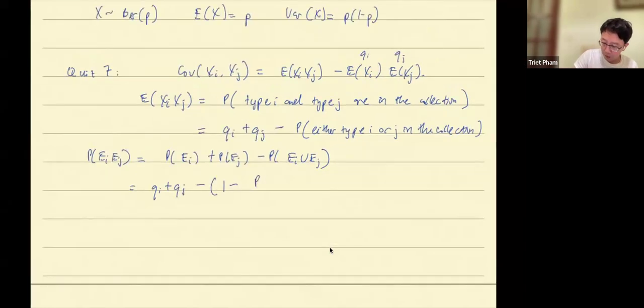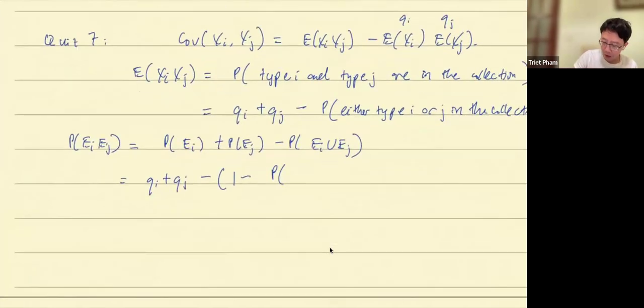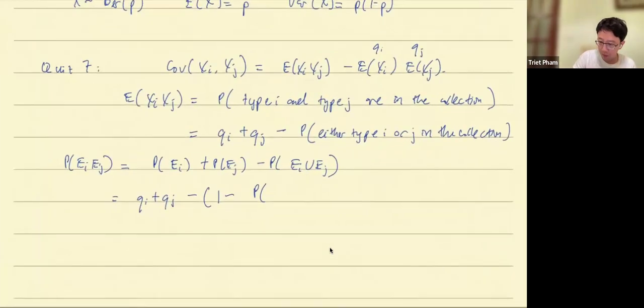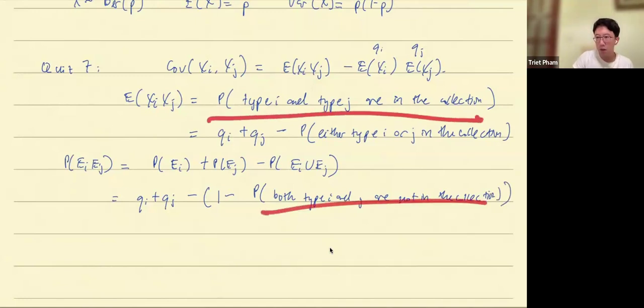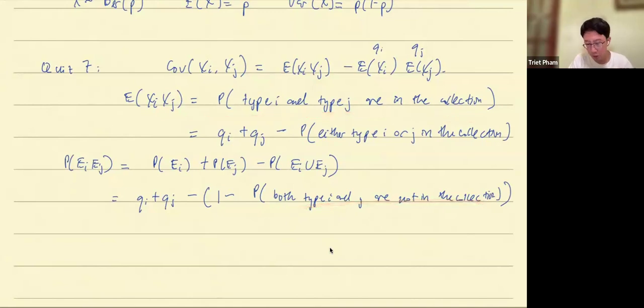Which is what? The probability of no card, right? So both type I and type J not present in the collection. Is that okay? So again, right, pay attention here. It looks awfully like the negation of this, right? But that's not really true.